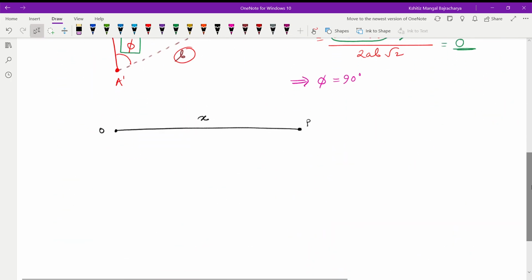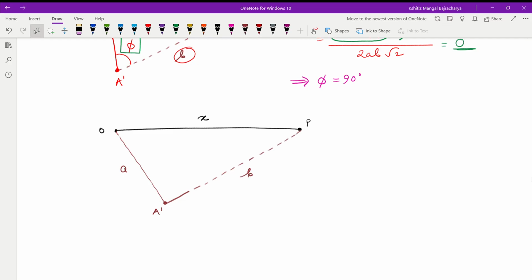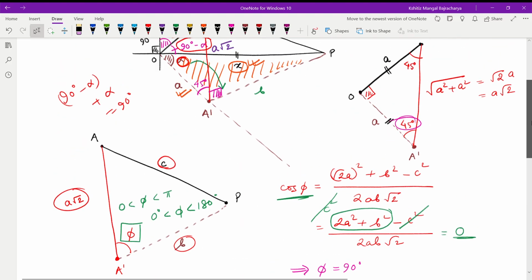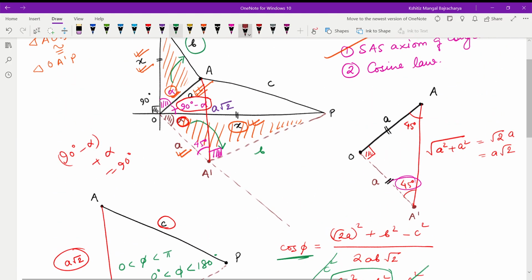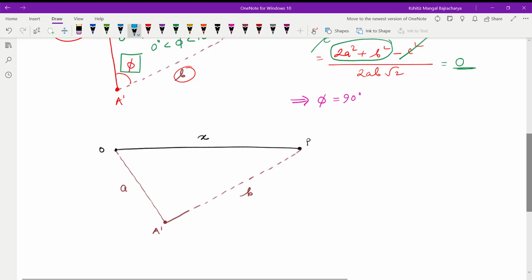OA dash was a, and this was b, and let's look at angle OA dash P. This angle is 45 degrees plus 90 degrees, which is 135 degrees.